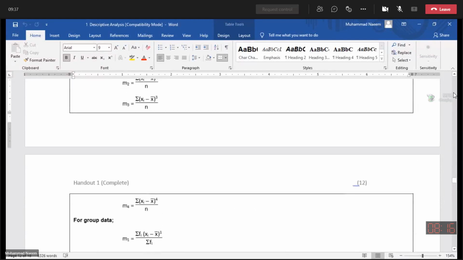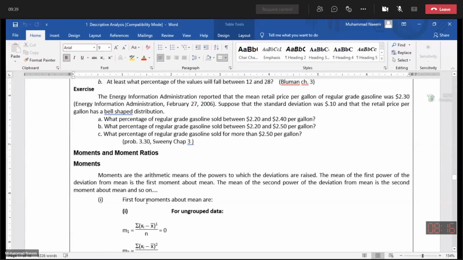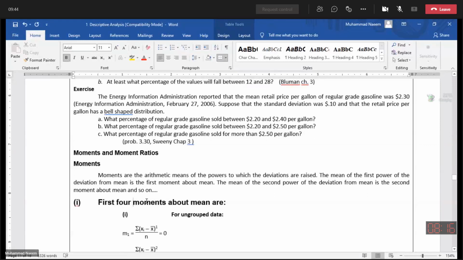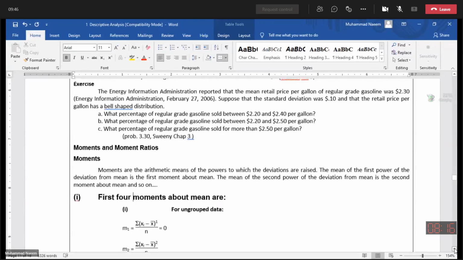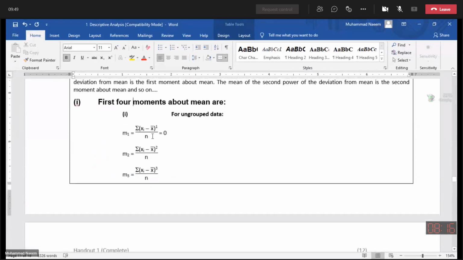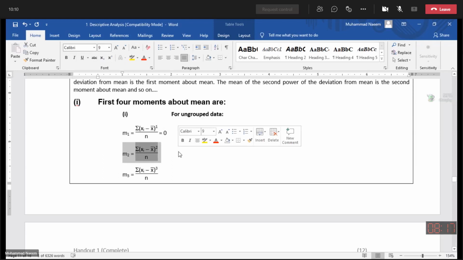What we do in these moments, we find the average of the powers, certain powers of the deviations, as this one showing exactly the definition of the variance.